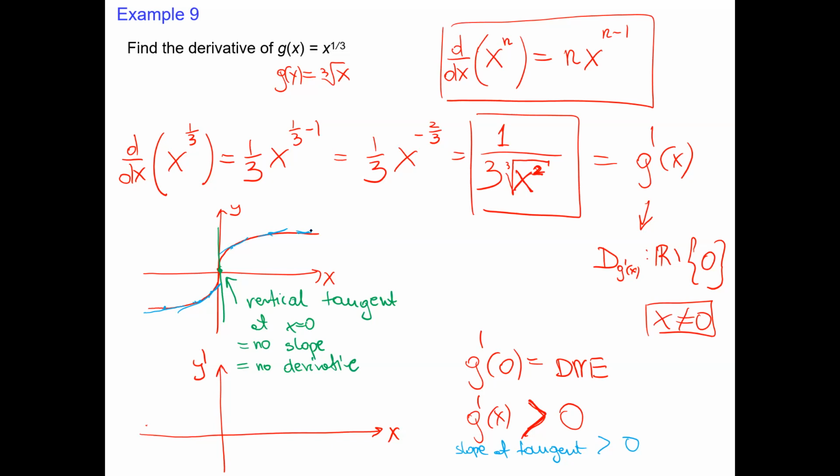Okay, so we have this, and another conclusion is, knowing that the derivative is positive, the function actually is increasing, because if the slope of the tangent is positive, we can say the function is increasing. But we do have some conclusion. Okay, we still need a graph.